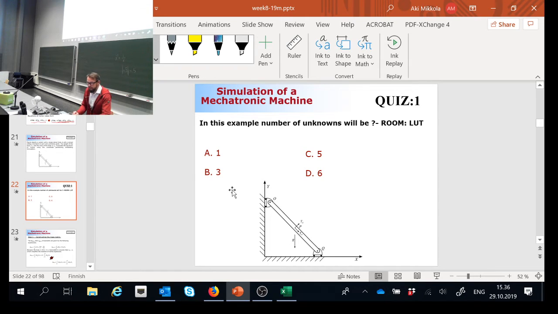So the correct answer here is 1, because we have 3 generalized coordinates, 2 constraint equations, 1 differential equation. So it's 1 differential equation you need to solve for the response of this system.